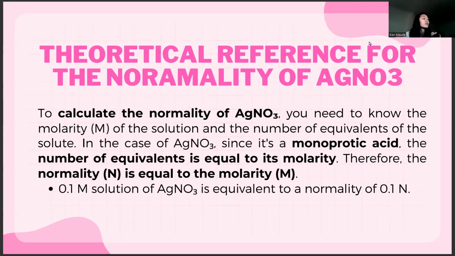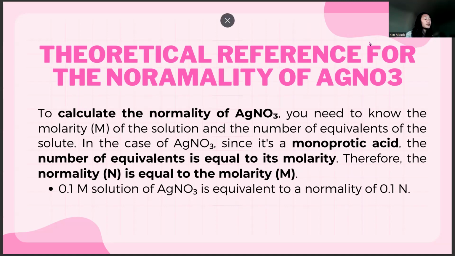So for monoprotic acids like silver nitrate, the number of equivalents is equal to its molarity. Meaning for every 1 mole of silver nitrate dissolved, it is equivalent to 1 silver ion available in the solution.